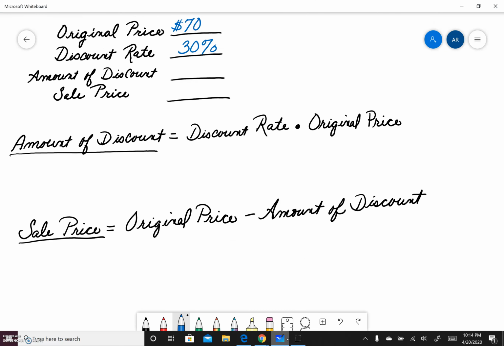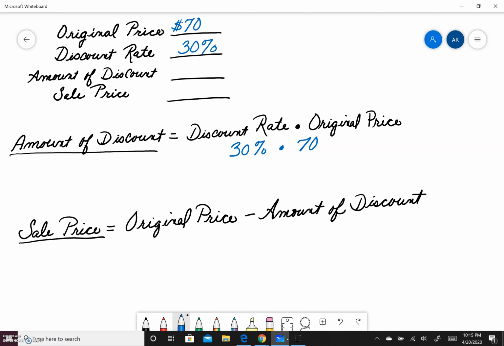So going over to the board, the given values are the original price and the discounted rate. So let's use the first equation and we'll just start plugging in so we can come up with the amount of the discount, which is the third one down, and we don't have a value for that. So we have a discounted rate, which is 30%, and we need to multiply it by its original price.